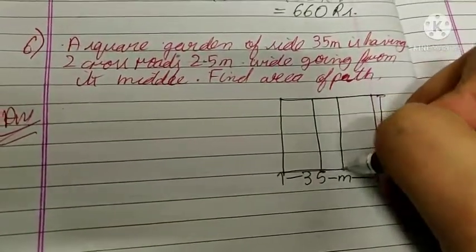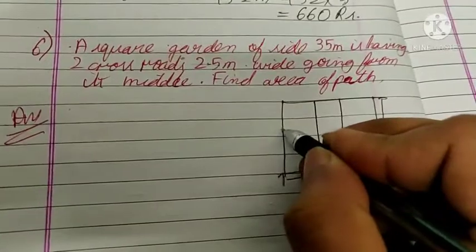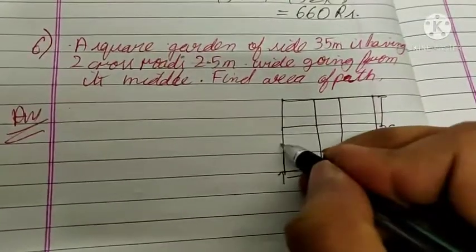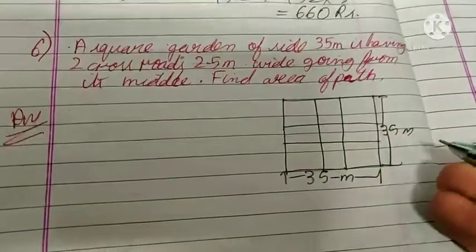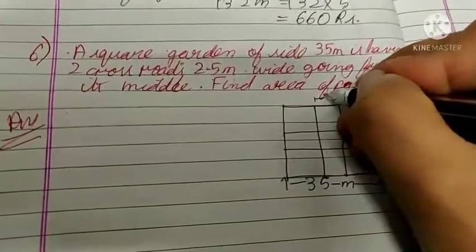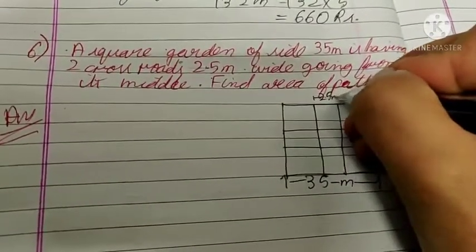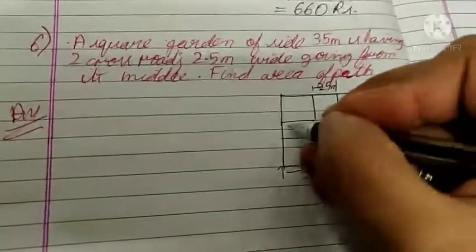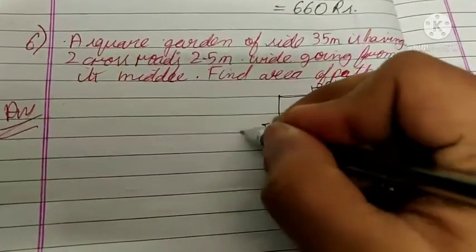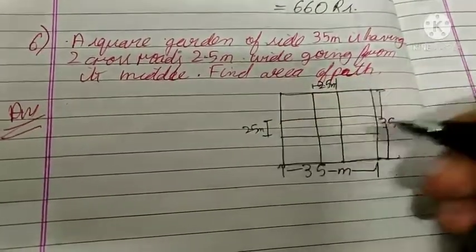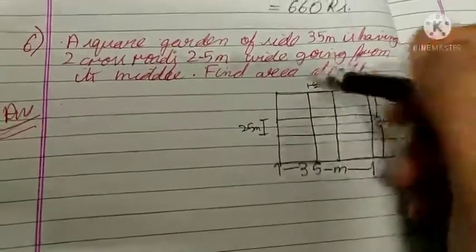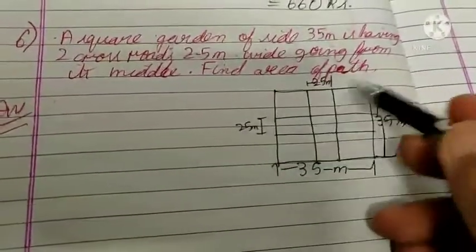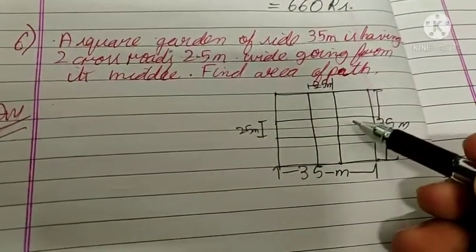This is a road and this is also a road. It has a width of 2.5 meter. It is also 2.5 meter. And we have to find the area of path, means the area of the road.